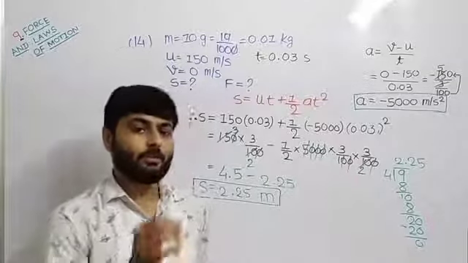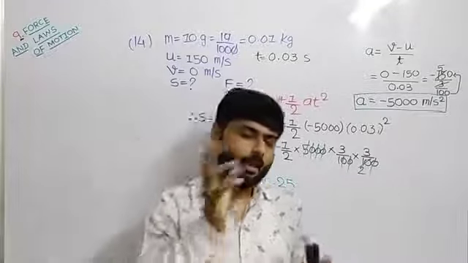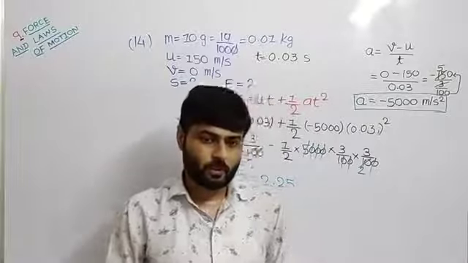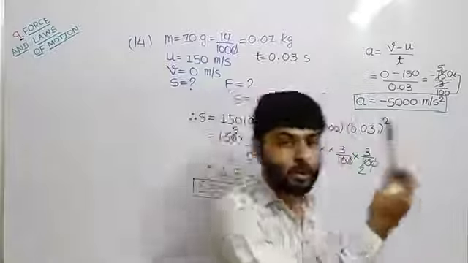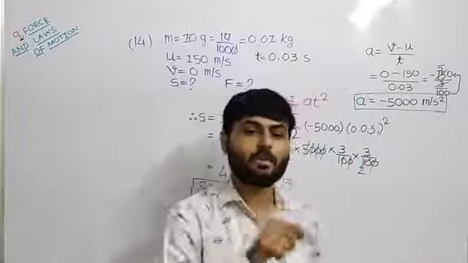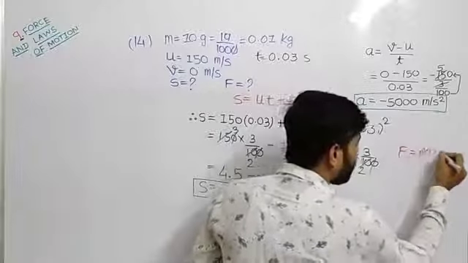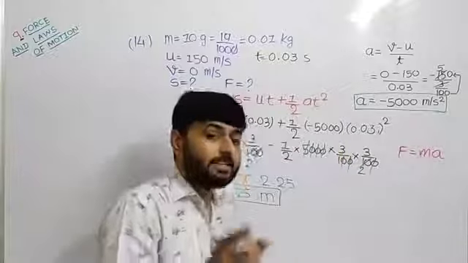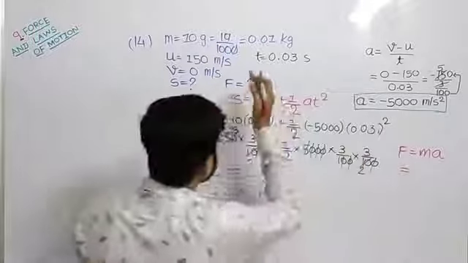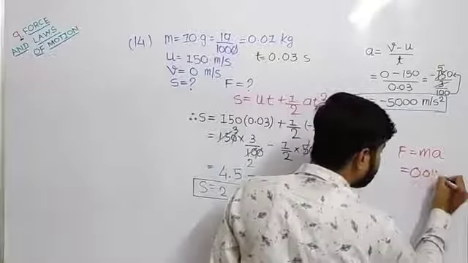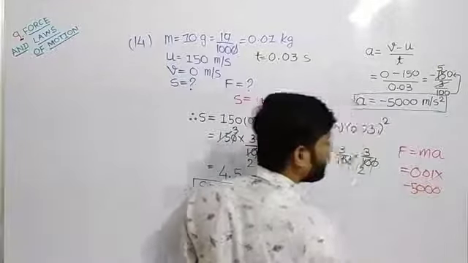Now next we have to find force. Remember the third law of motion: force exerted by bullet on wooden block and force exerted by wooden block on bullet will be the same but opposite in direction. So I will take F is equal to ma, that is the force exerted by bullet on wooden block. Mass of bullet is 0.01 multiply acceleration is minus 5000.